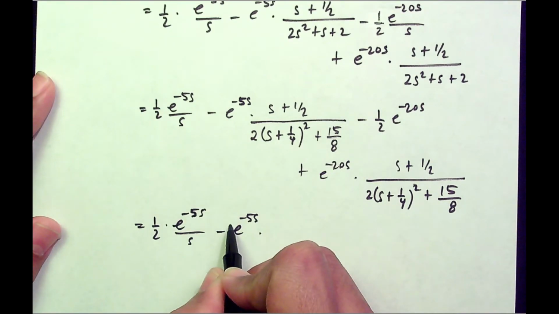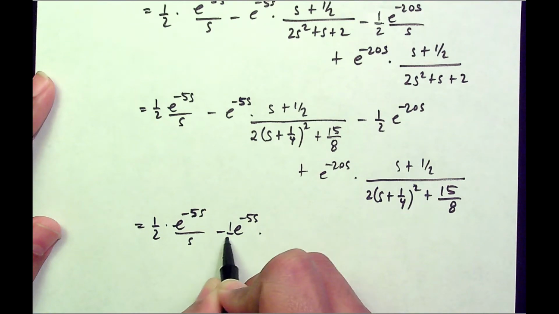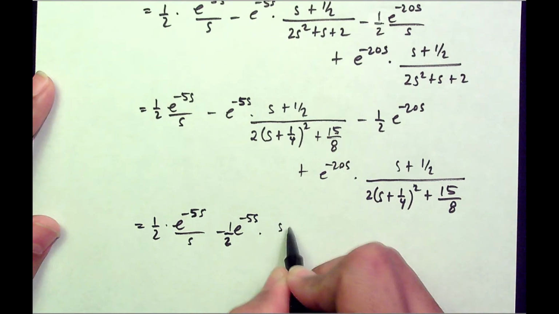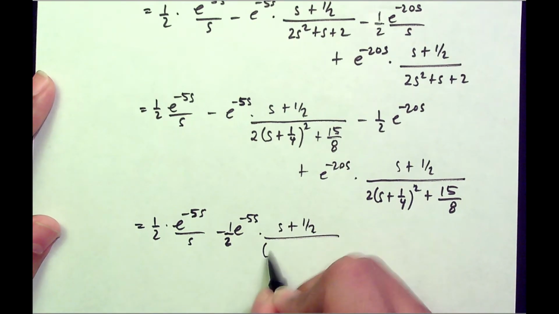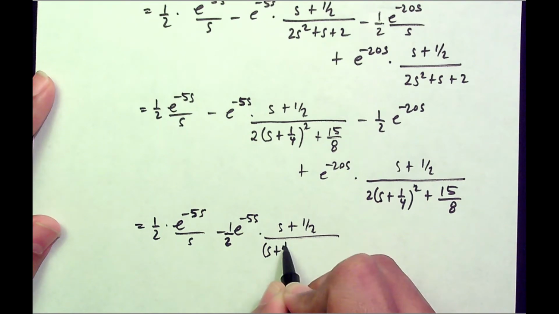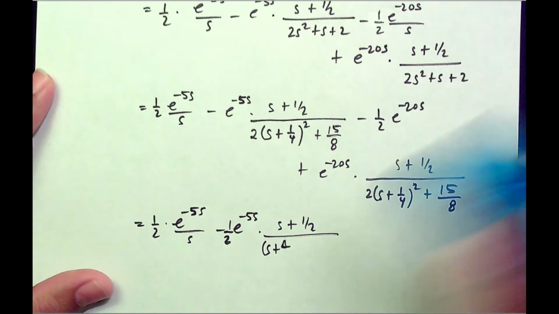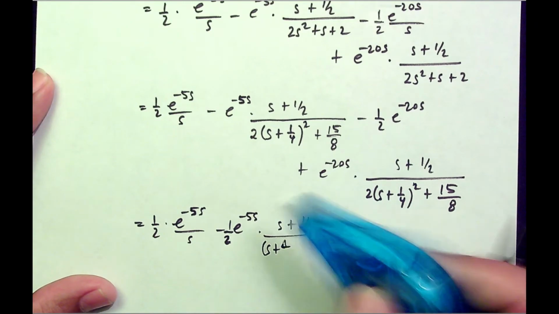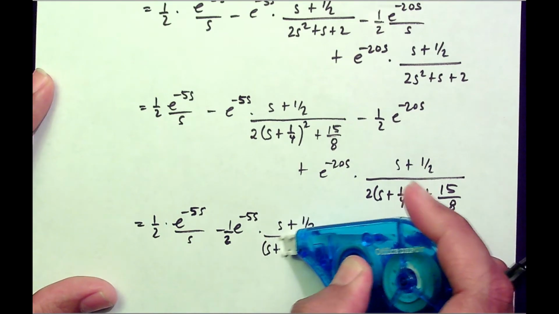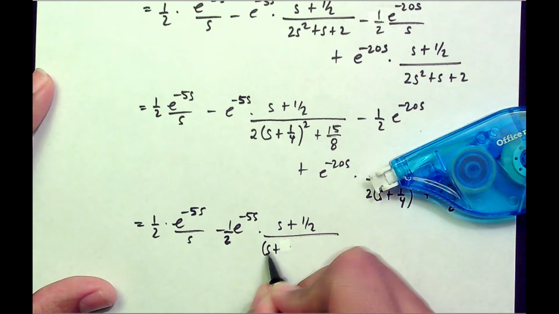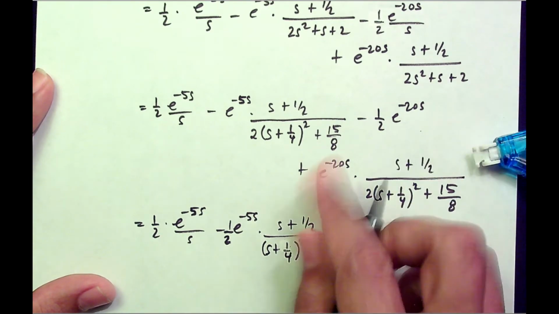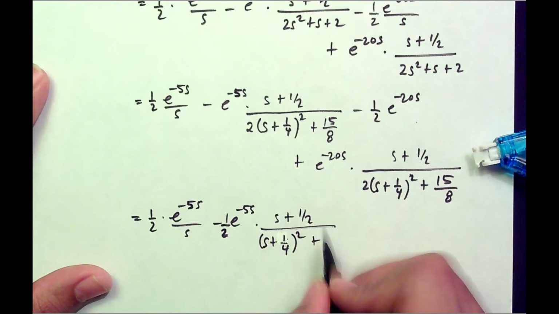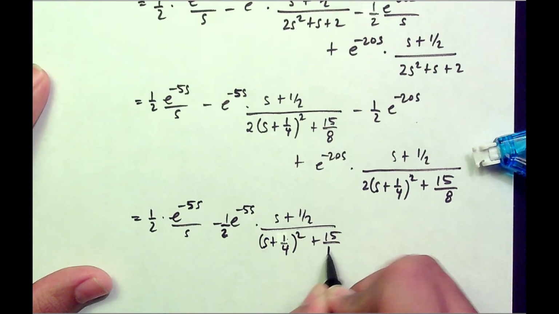This is going to be 1 half, I'm pulling that 2 out, plus 1 half all that over s plus 1/4, and then I factor out a 2, so that means I'm dividing by 2, so this is 15 over 16.